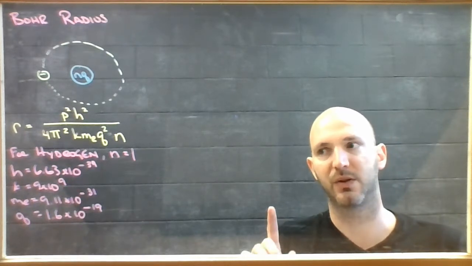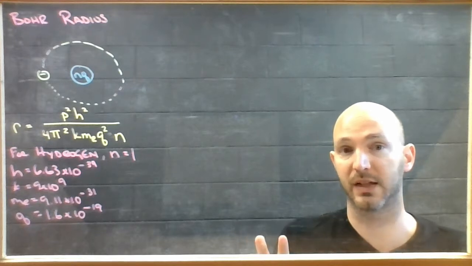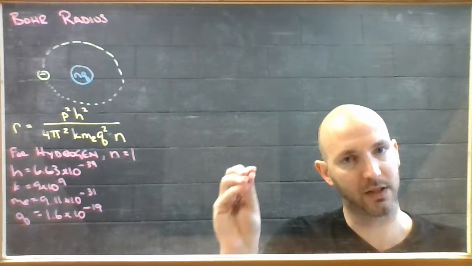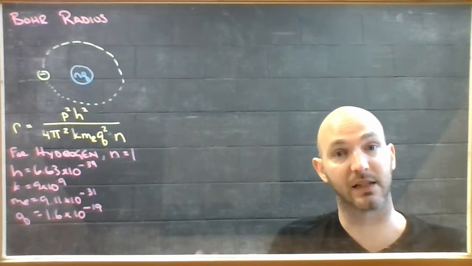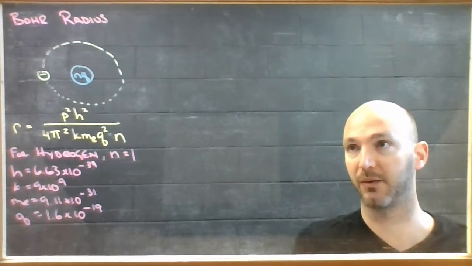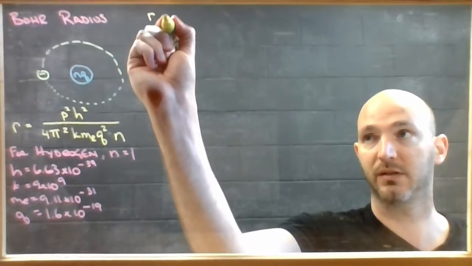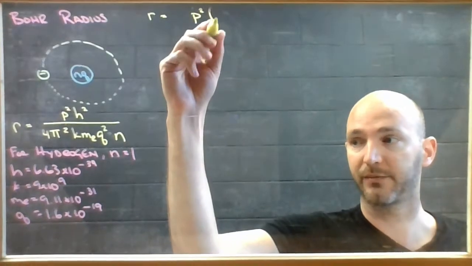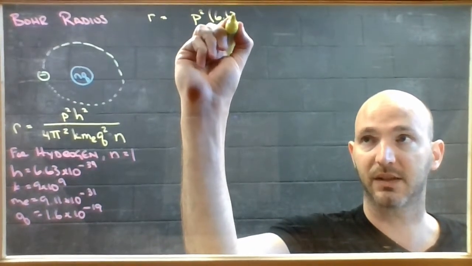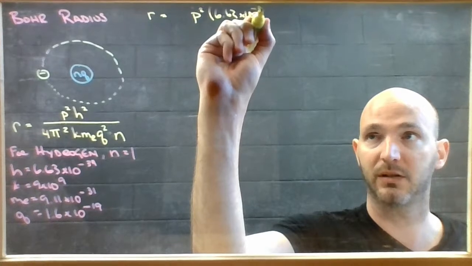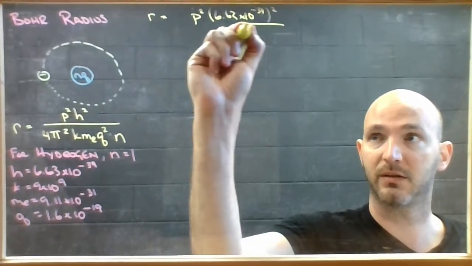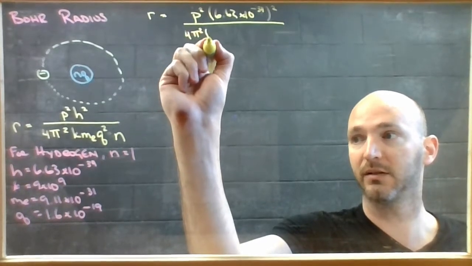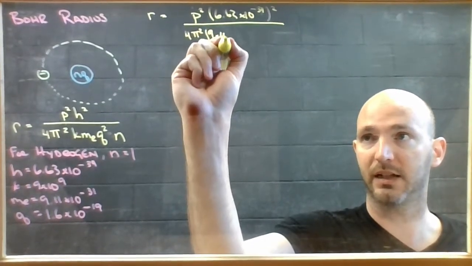So I'm going to do this in 2 steps. First thing, I'm going to put all these numbers into here, and I'm going to reduce them to one single constant so that this is a little less cumbersome to use. So my radius for hydrogen will be this p, which I haven't decided what that is yet. 6.63 times 10 to the negative 34 squared, divided by 4 pi squared. k is 9 times 10 to the 9.